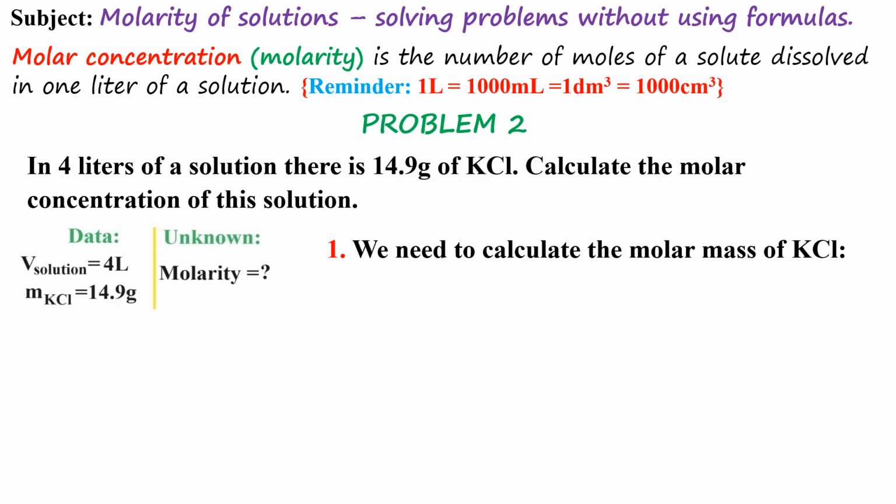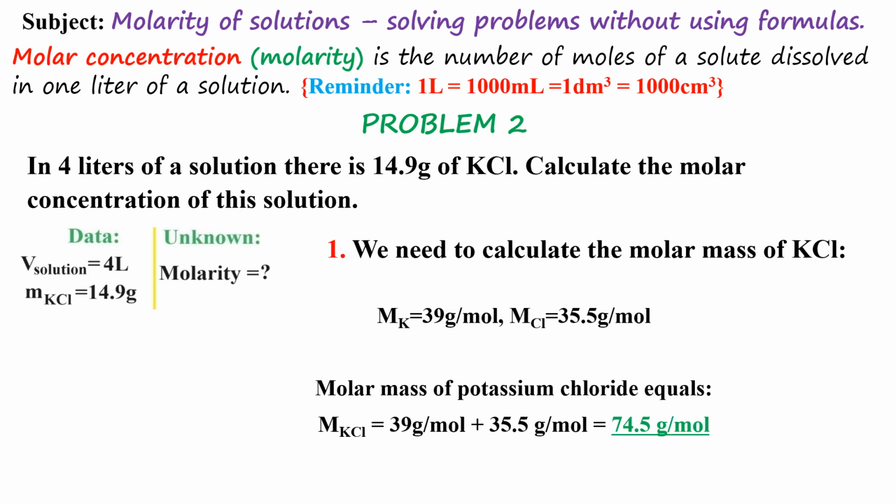First point, we need to calculate the molar mass of potassium chloride. So molar mass of potassium chloride equals molar mass of potassium plus molar mass of chlorine equals 74.5 grams per mole. Now we know that each mole of potassium chloride weighs 74.5 grams.